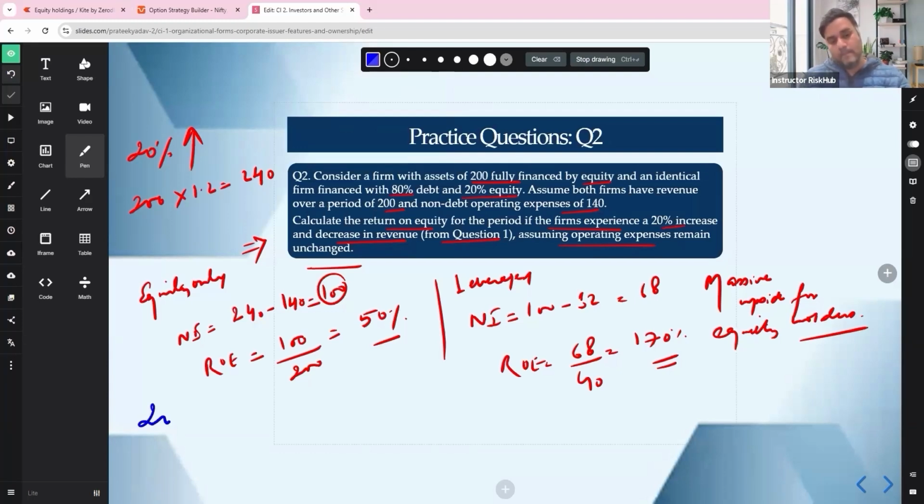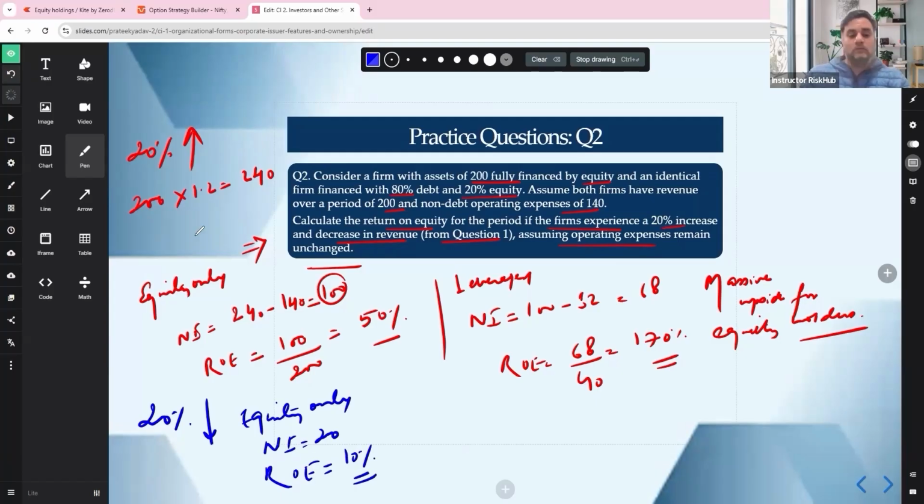If there is a 20% decrease in revenue, if you have equity only, net income is 20, right? So ROE is equal to 10%, right?